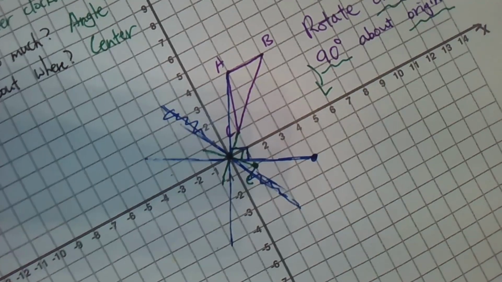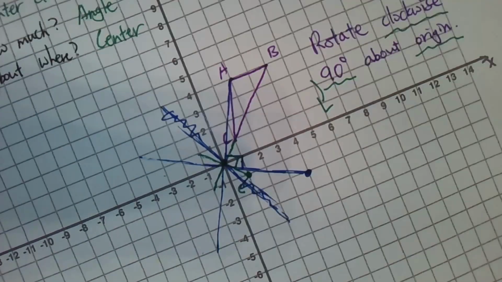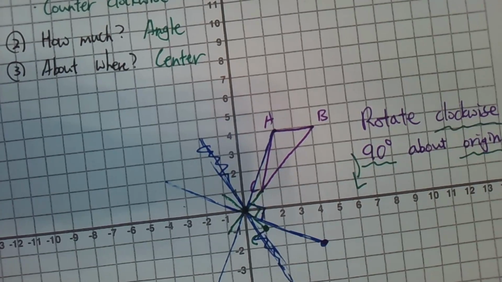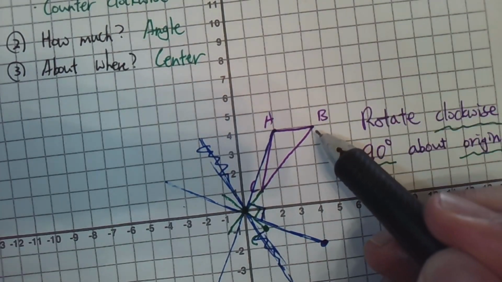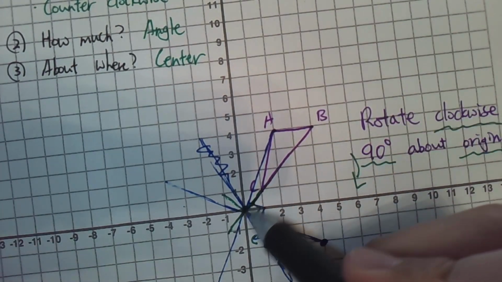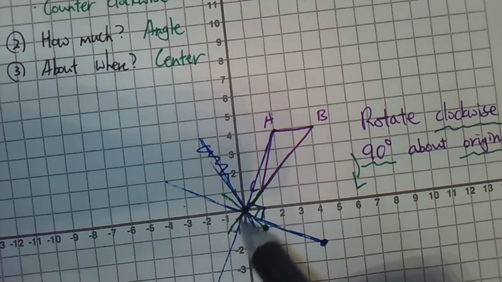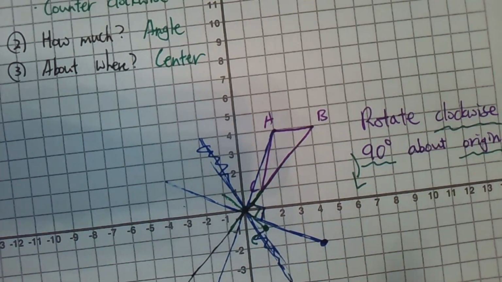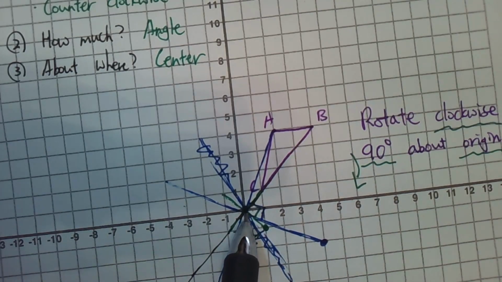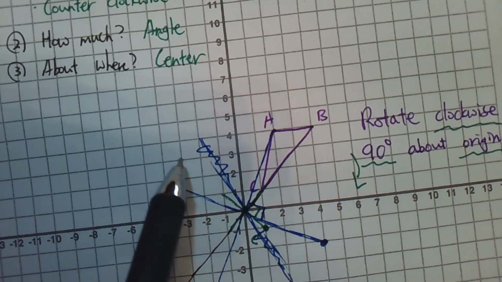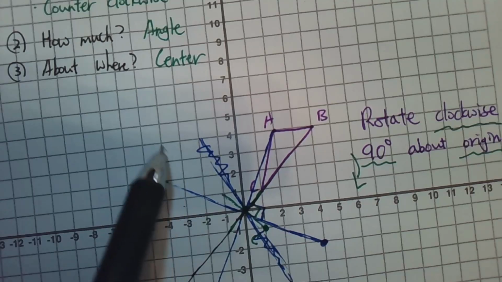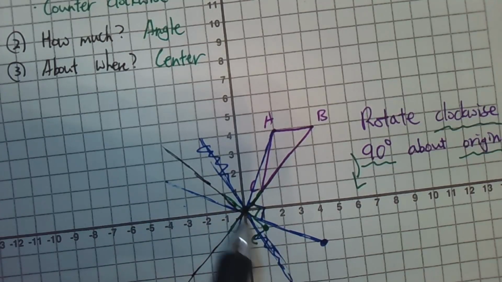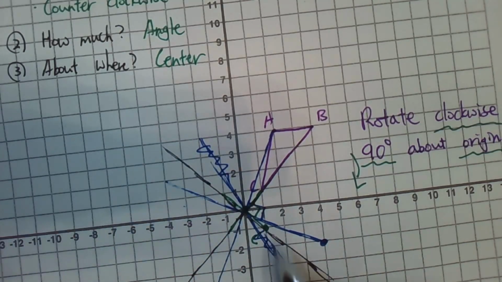Okay. And the last one, B, I'm going to use a black pen. I do the same thing, extend the line all the way across, and my perpendicular line is going to end up over here, right there.